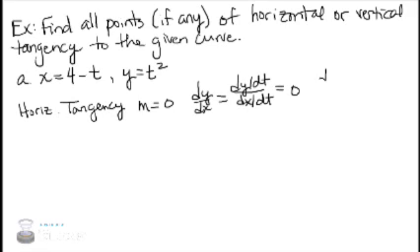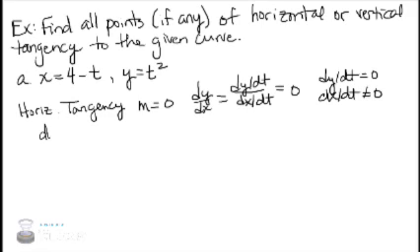Well, that's going to happen when dy/dt is 0, but dx/dt is not 0. So when we're looking for a horizontal tangency, you can just analyze dy/dt to see if it's equal to 0, but you also have to make sure that you didn't have an undefined denominator there. I mean, a 0 in the denominator making the derivative undefined.